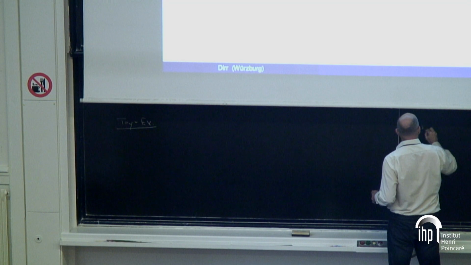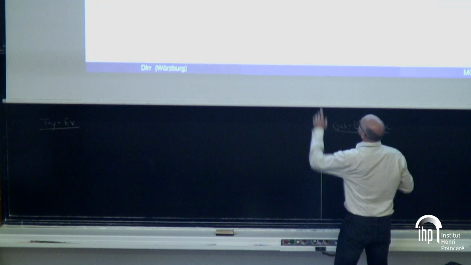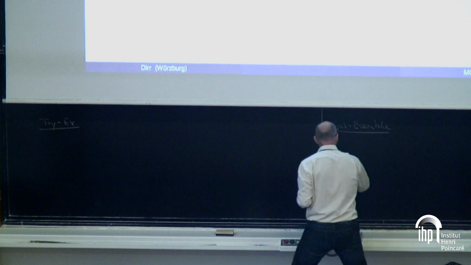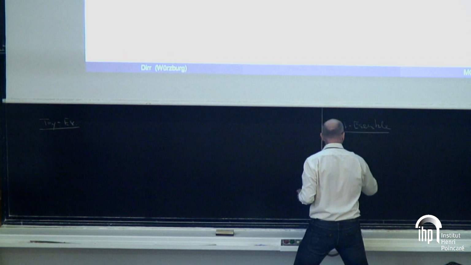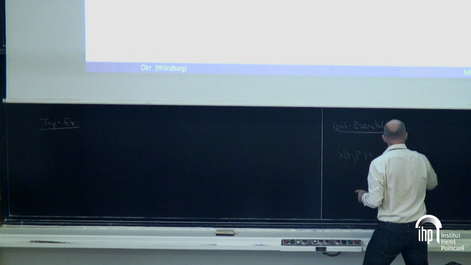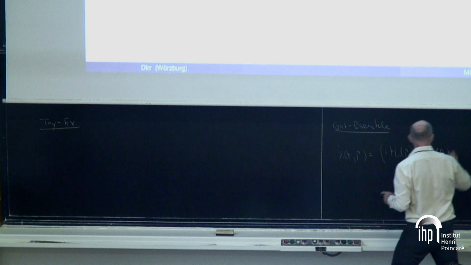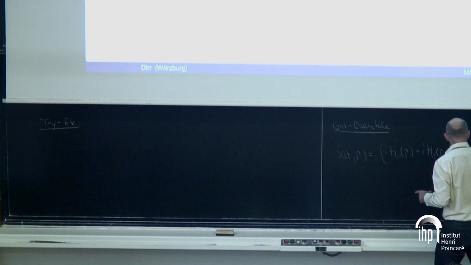This is my toy example. And this is the one I'm interested in. This is the one we had on slide 4, so x dot of t and p is something like i h0 of p plus i h1 of p times x of t and p.